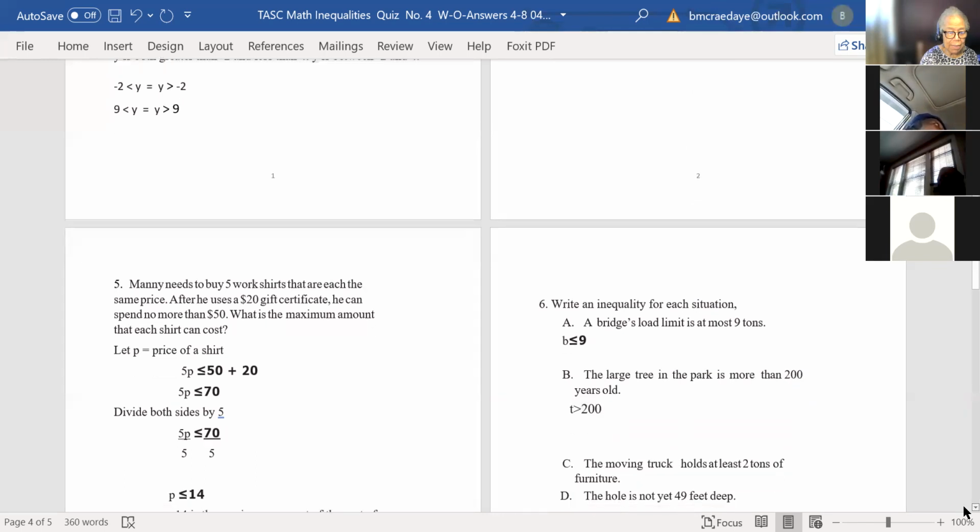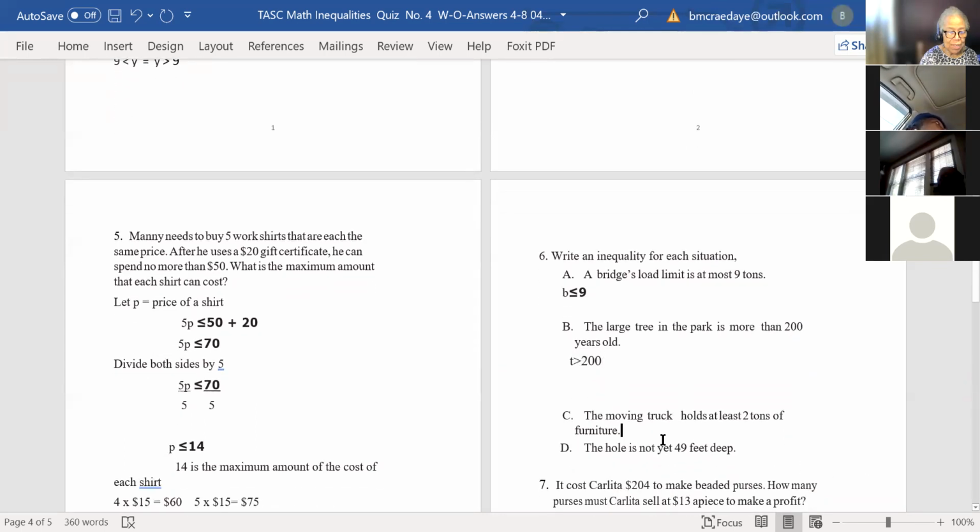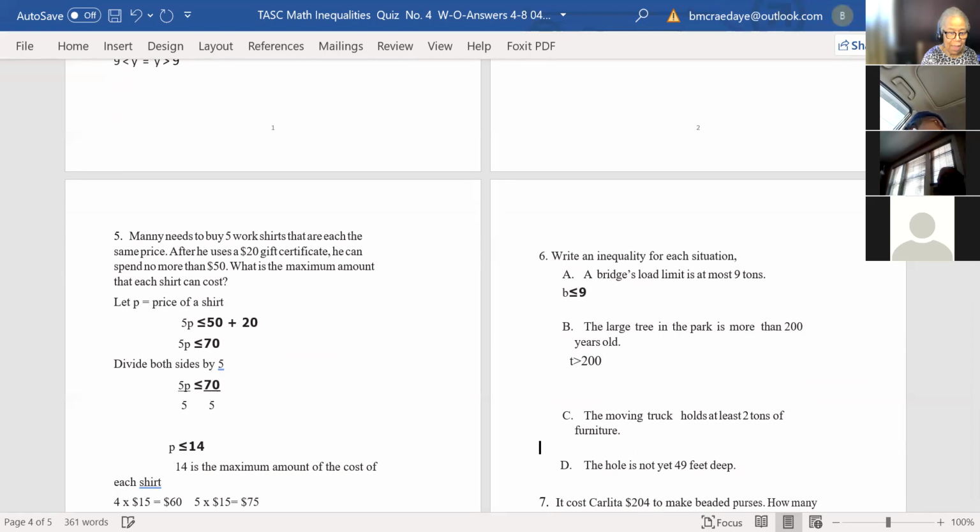All right, let's go to C. Vanessa, what would I write for the moving truck holds at least 2 tons of furniture? Use T for the moving truck. What symbol?